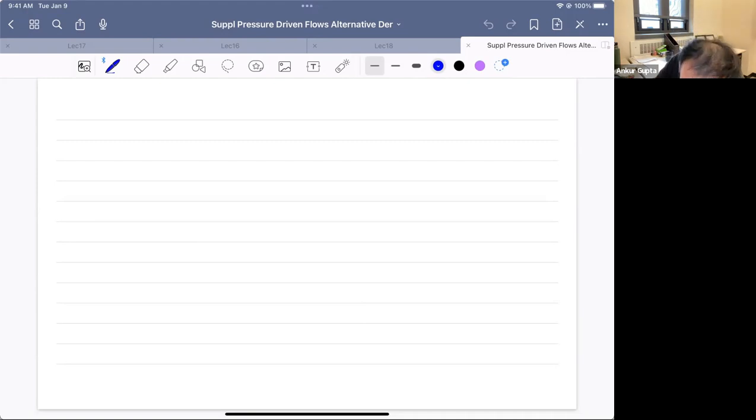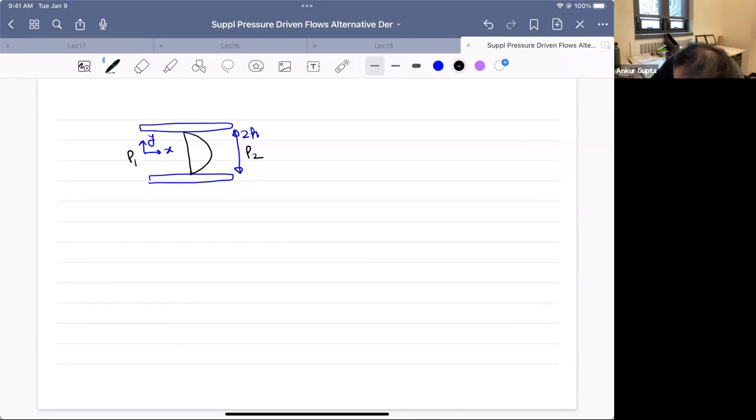So the problem we focused on this morning was that there is an x and a y, and that it is 2h distance between the two. And we said there is pressure P1, a pressure P2, and we found the answers.